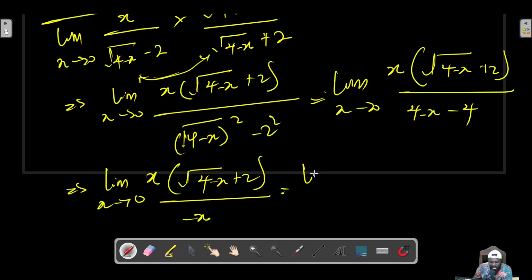I end up with the limit as x approaches 0 of negative 1 multiplying root of 4 minus x plus 2.